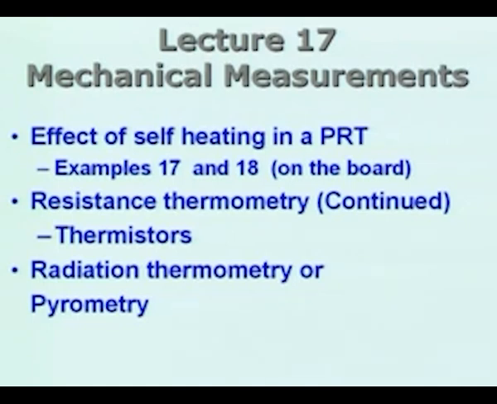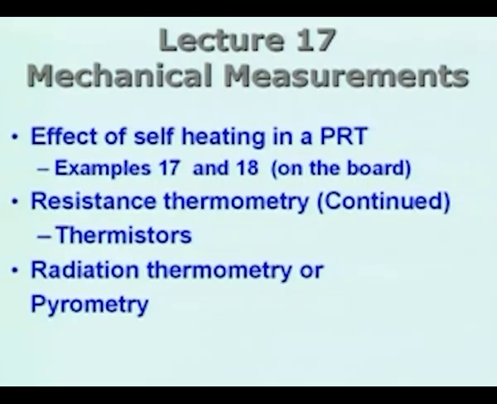The other one is going to be an example which will give some idea about what is the kind of instrumentation required for using a platinum resistor thermometer. Subsequently, I will look at thermistors, which is also a resistance thermometer, and we will discuss how to use them.